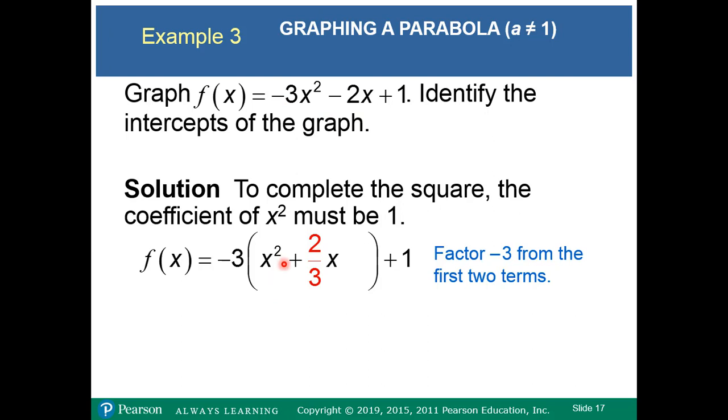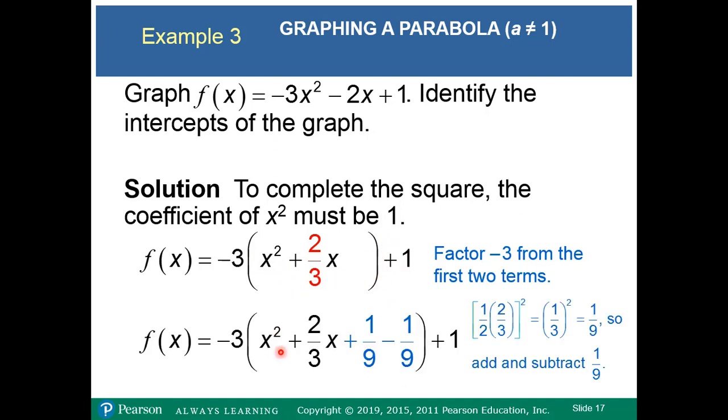But notice, you're going to end up doing the exact same thing. They're isolating the constant term first, and then they're going to factor out a -3, or divide by 3. It's the same thing. So factoring out a -3, you're going to end up with 1, and then 2/3 here. Okay, and this is going to become positive, and there's your plus 1.